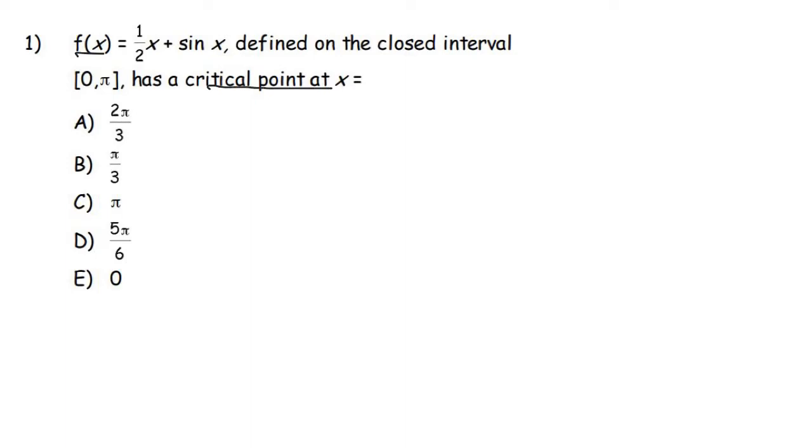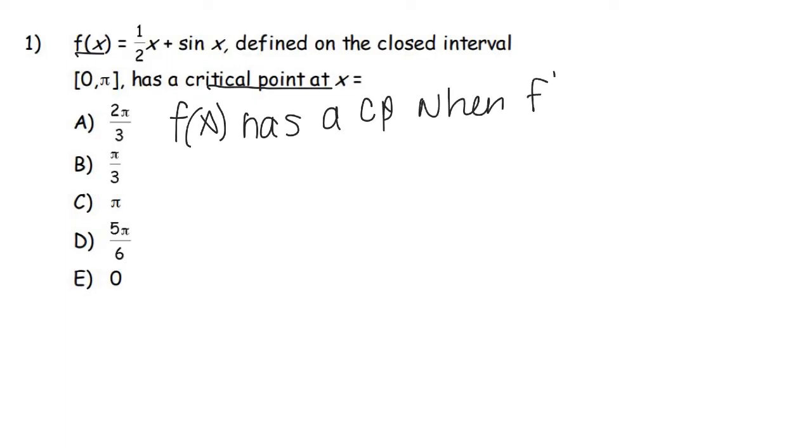So we know f of x has a critical point when f prime at x equals 0. So we look at f prime at x, that's going to be 1/2 plus cosine x.